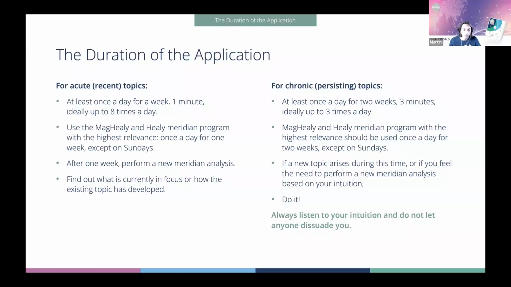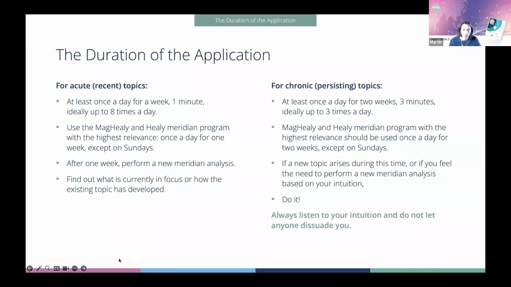And then, of course, you use the Healy and McHealy Meridian programs once a day, except on Sundays. And you do that for 1 week, because acute topics usually are addressed in a shorter time than chronic topics, because chronic topics take a long time to actually manifest and take a longer time to actually go away.